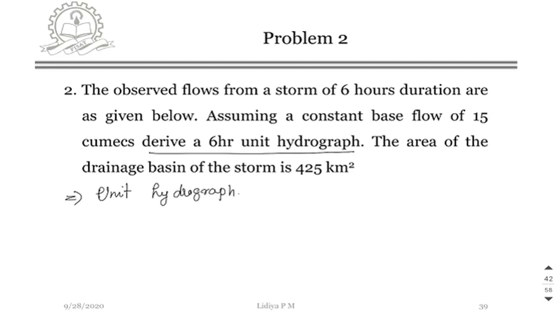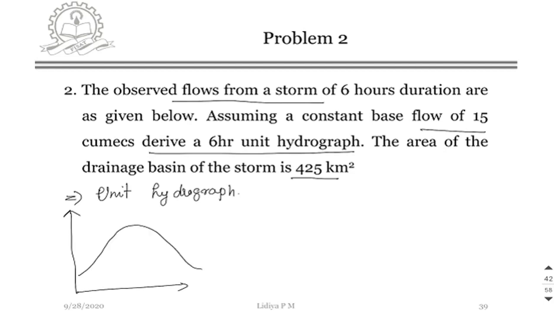Here the observed flows, that is ordinates of the storm hydrograph, are given. Then the base flow is given as 15 cumecs and the area of the basin is also given. In order to derive a unit hydrograph, we have the storm hydrograph that includes both base flow and direct runoff.